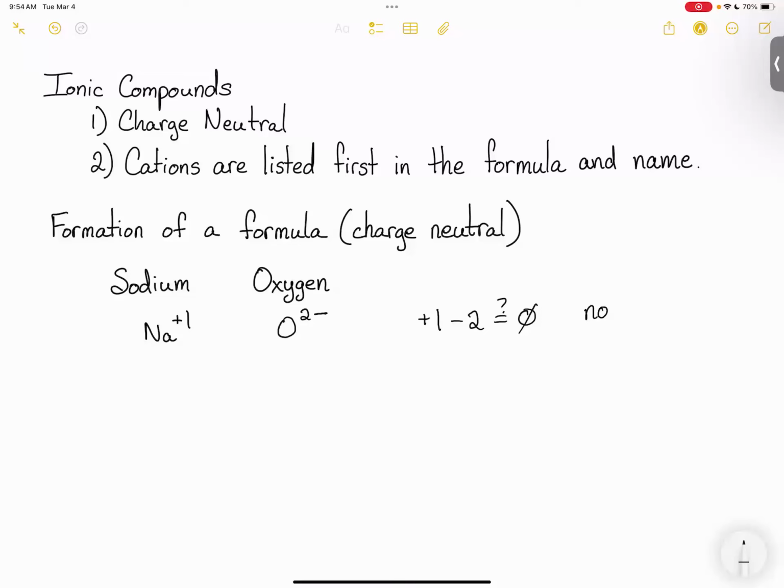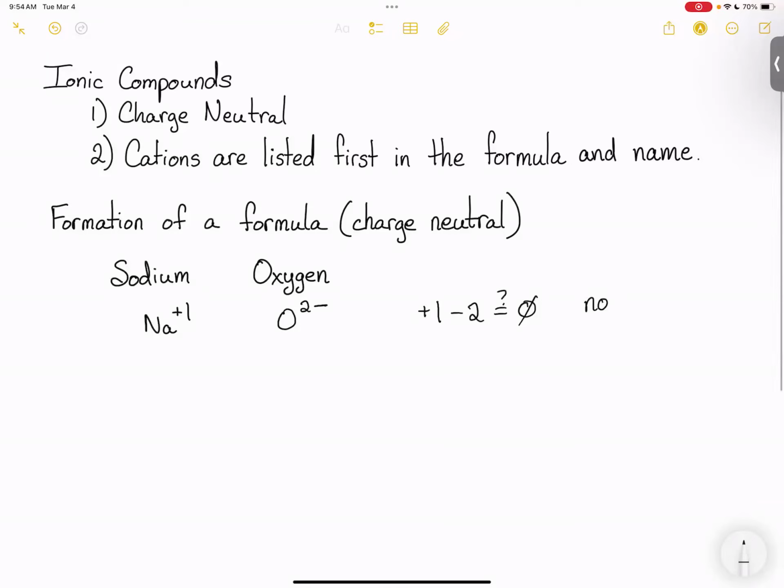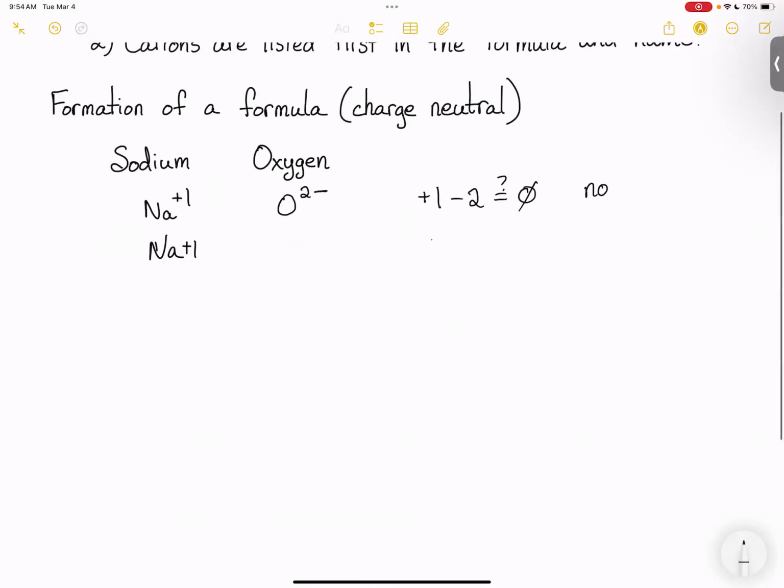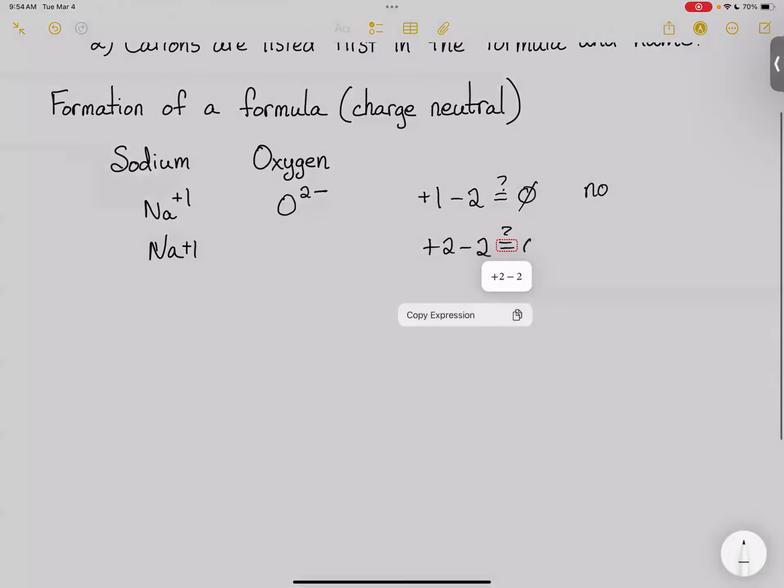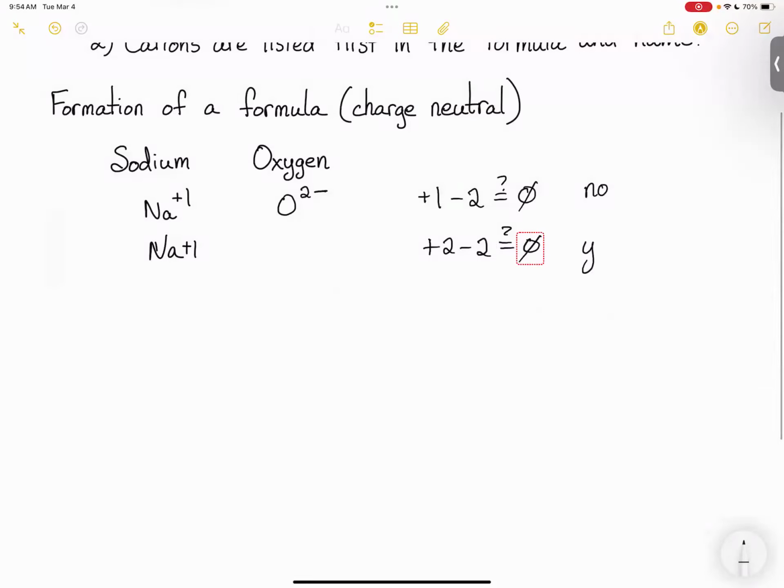The positive. We only have one of the positive, whereas we have two of the negative. So let's add another positive to this. Now you have +2 -2. Does that equal 0? Well, yes.